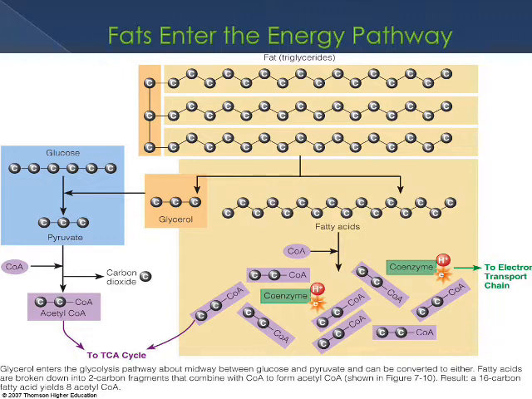So this is a good illustration of how much energy you can get from fats. Look at all the acetyl-CoAs from the fatty acids that enter the TCA cycle versus the 2 acetyl-CoAs that enter the TCA cycle from glucose.